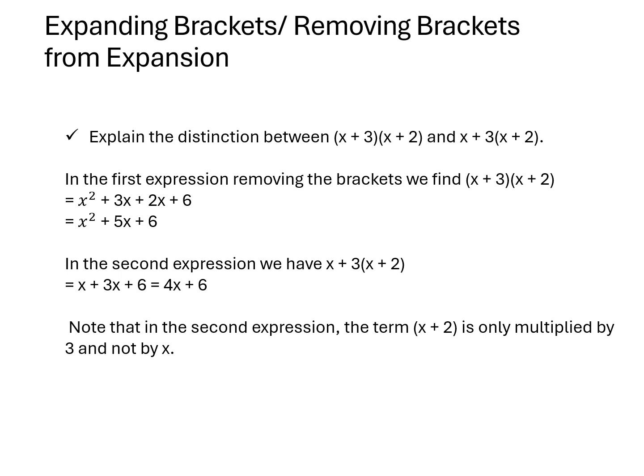Now, in the first expression, you're going to expand the bracket, right? So x plus 3 is going to multiply by x, and x plus 3 is going to multiply by 2. Now, in the second expression, where we have 3 times x plus 3 times x plus 2, what's in the bracket is being multiplied by 3 only.